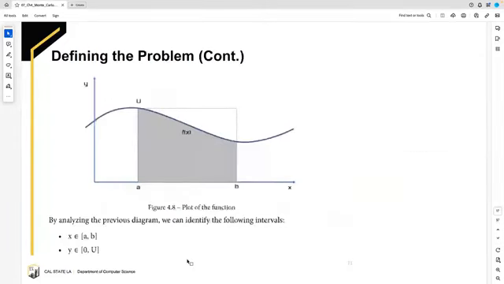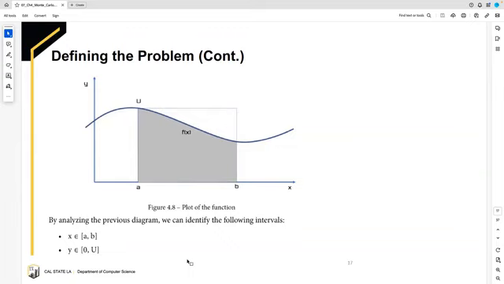So let's see what we have. As you can see, we have a function f of x, right? x is our variable, which in this case is changing from a to b. So this is the range for x.